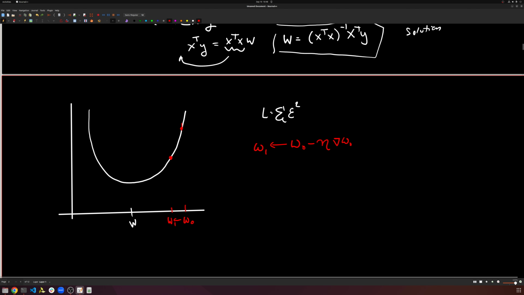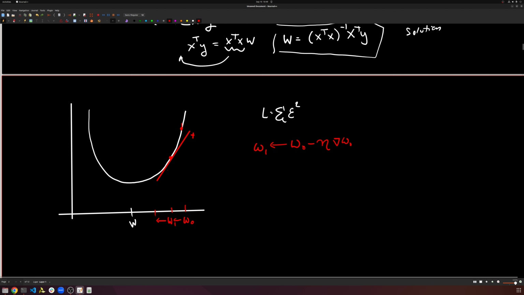Well, let's go ahead and take another derivative, just like we did. The derivative is again a positive value. If we increase w a little bit, we increase our cost a little bit. So again, we'll take a little step in the right direction, in the direction of gradient descent.